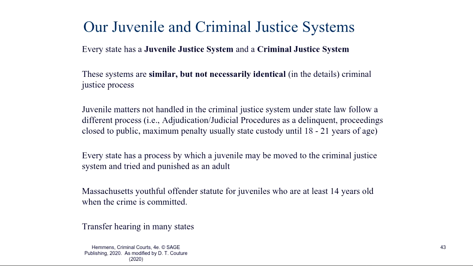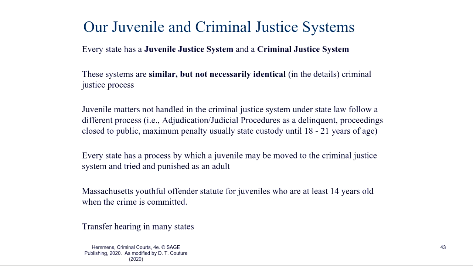But there are processes in every state, including Massachusetts, by which an individual who's younger than 18 can be prosecuted, tried, and punished as an adult. In Massachusetts, it is called the Youthful Offender Statute, and therefore we do see individuals as young as 14 years old stepping into and going through the adult criminal justice process, and if convicted, being punished in state prison.